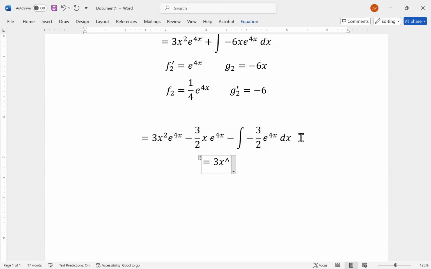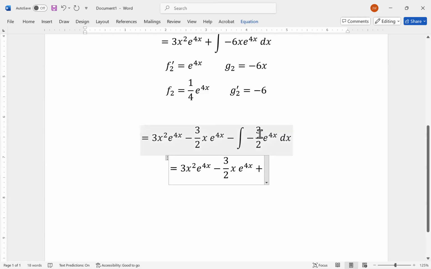And what I get is 3x squared times e to the 4x minus 3 halves x times e to the 4x. And this is going to be a plus. Now, when we integrate this, it is just e to the 4x integrated times a constant.